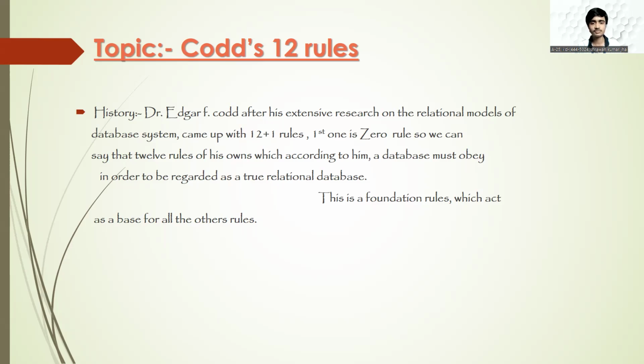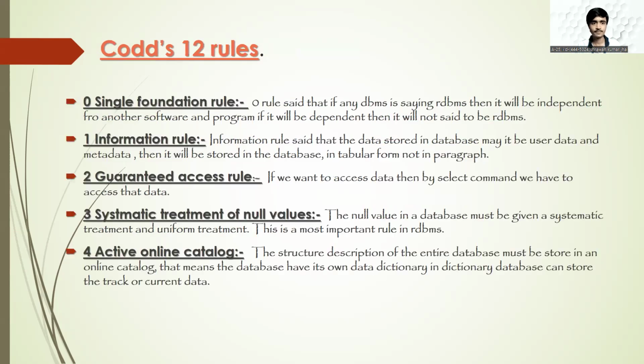Relational database rules mean the database which obeys the rules is called a relational database. One is the zero rule, so we can say the 12 rules of his own, which according to him a database must obey in order to be regarded as a true relational database. This is a foundation rule which acts as a base for all other rules. That means if any database follows these rules, then it is called a relational database.